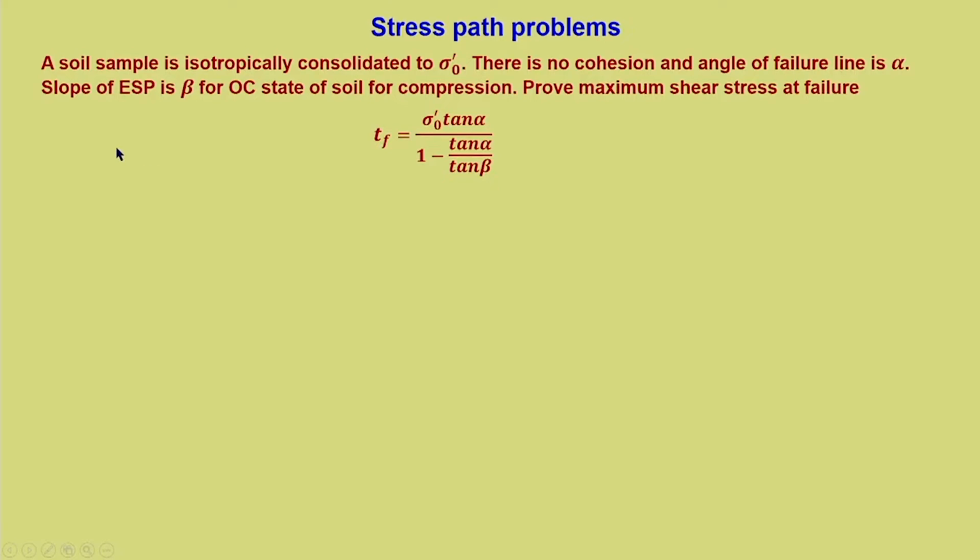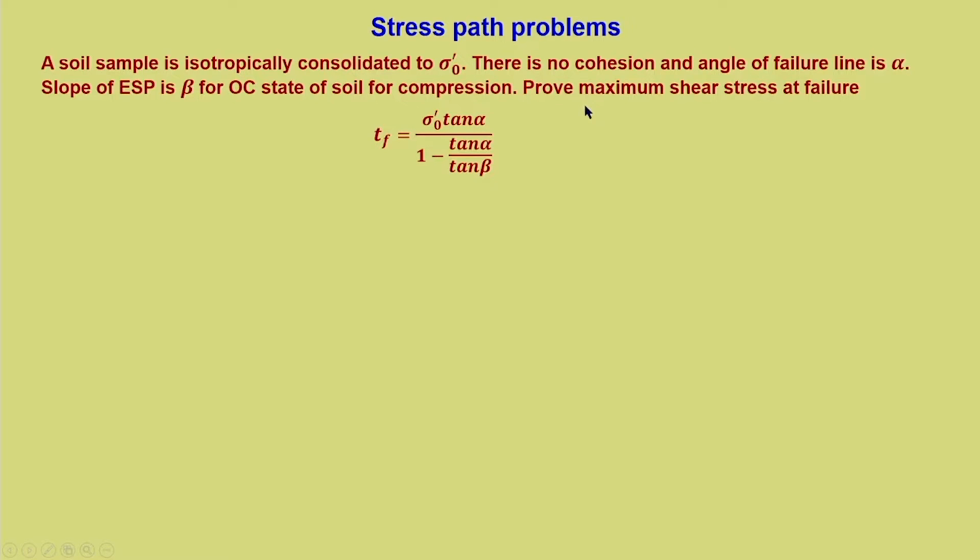So, the first question is: a soil sample is isotropically consolidated to sigma naught dash. There is no cohesion and the angle of the failure line is alpha. The slope of the effective stress path is beta for the over consolidated state of the soil, and that is in compression.